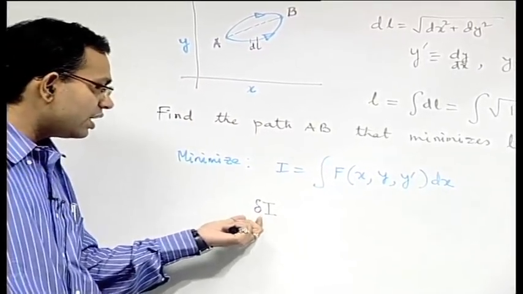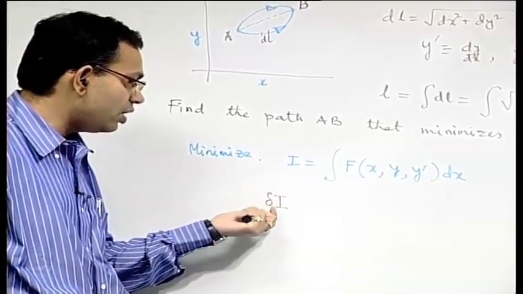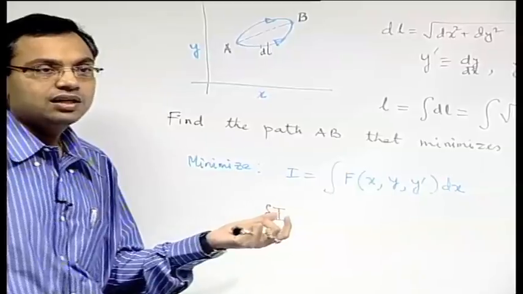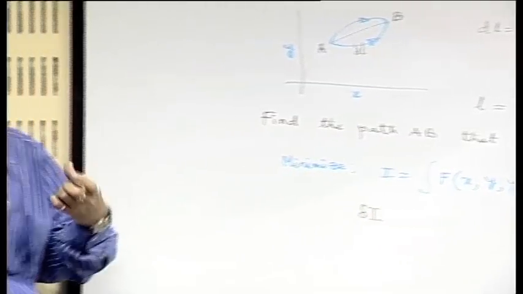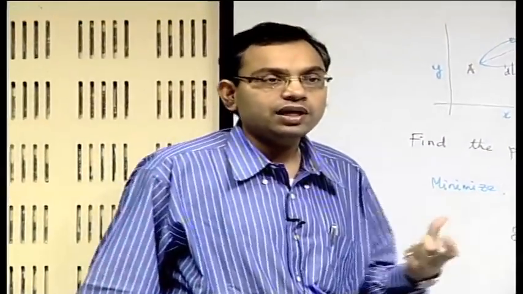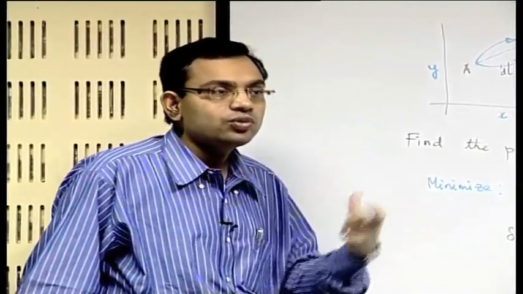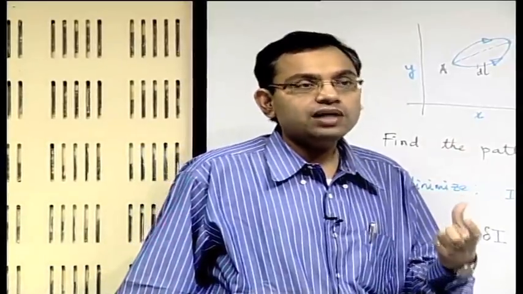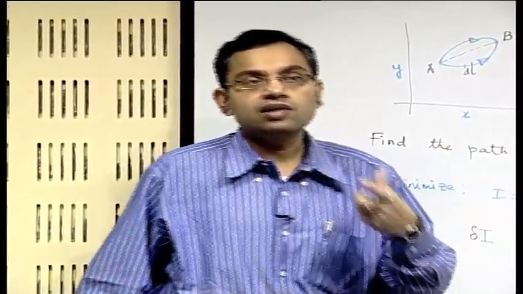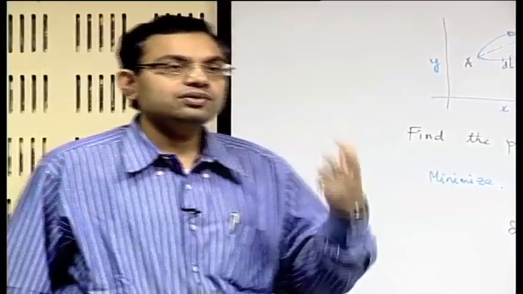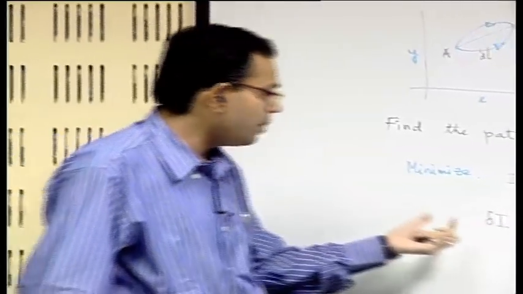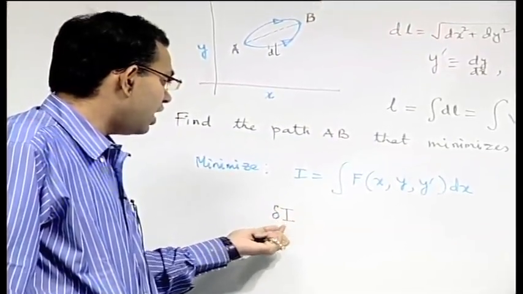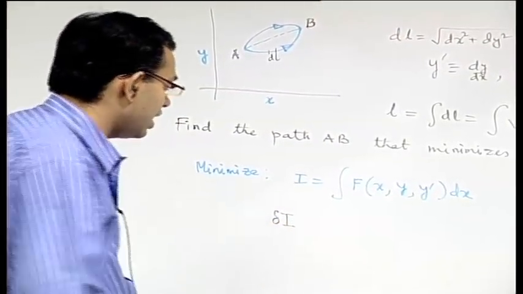This is like an arbitrarily small virtual change in I, just like you have a similar concept of virtual work in mechanics, where you have a virtual displacement, that is a displacement which is not really taking place, but could have been allowed consistent with the constraints of the physical system. Similarly, this is a virtual change in I, which we symbolize as delta I.